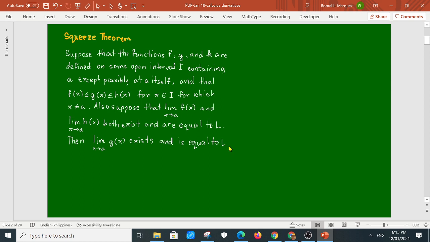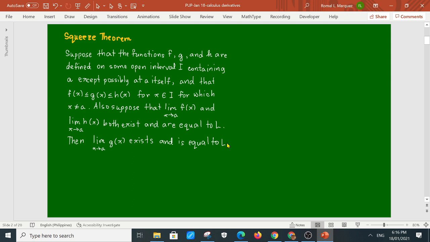Okay? So again, suppose that the functions f, g, and h are defined on some open interval I containing a except possibly at a itself, and that g of x is in between f of x and h of x. It can be exclusive, but it can also be less than or equal to, can be less, can be equal, for all x in I for which x is not equal to a.